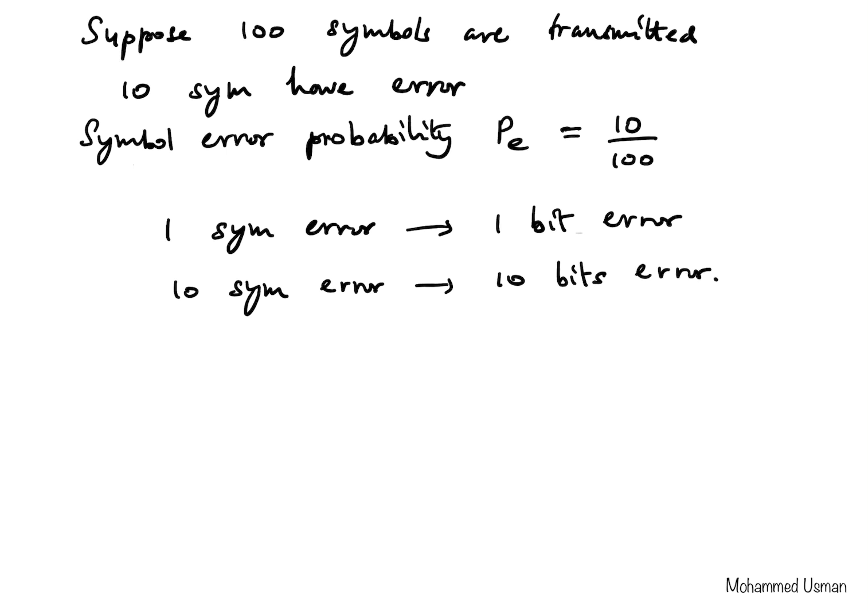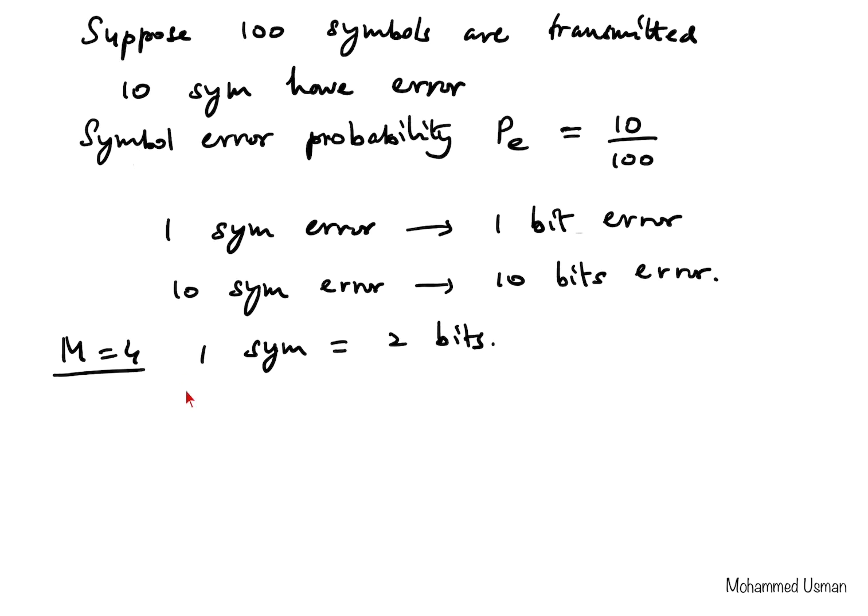Now let's take the case of m equal to 4. In m equal to 4, one symbol is equal to 2 bits. So if we have transmitted 100 symbols and each symbol is 2 bits long, that means we have transmitted a total of 200 bits, right?